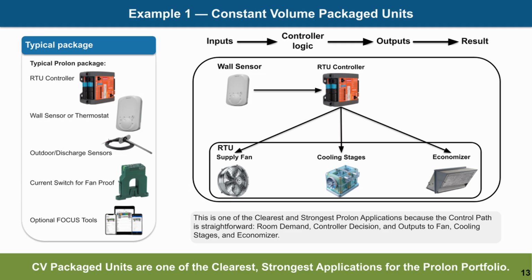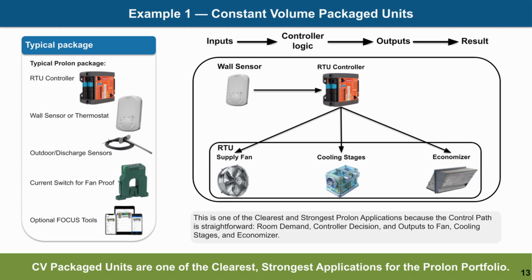The first example is a constant volume packaged unit, which is one of the clearest and strongest applications for the Prolon portfolio. In this application, the typical Prolon package includes an RTU controller, a wall sensor or thermostat, outdoor and discharge air sensors, a current switch for fan proof, and optional Focus tools. The control path is straightforward.